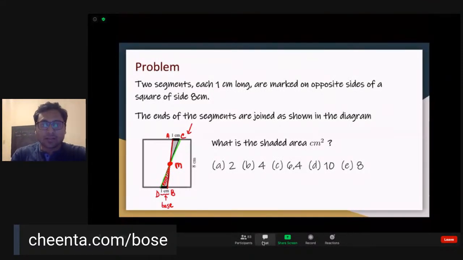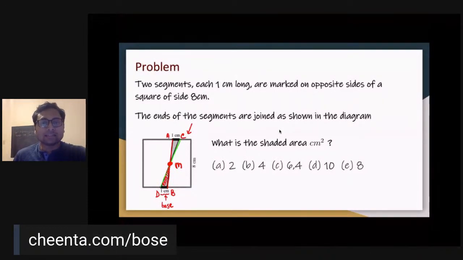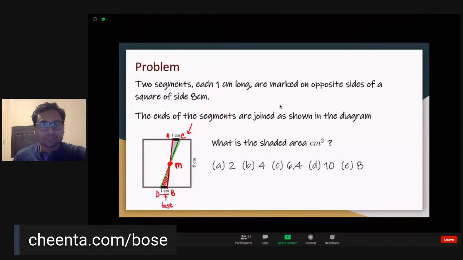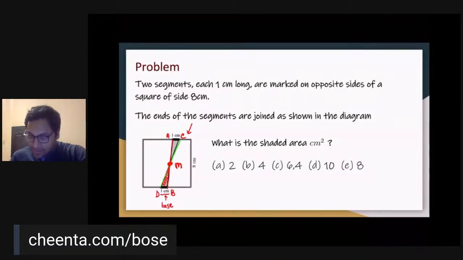Some of you are responding that you know this. Very good, excellent. So the area formula of a triangle is half times base times height. Maybe you have seen this before. Half times base times height, right?